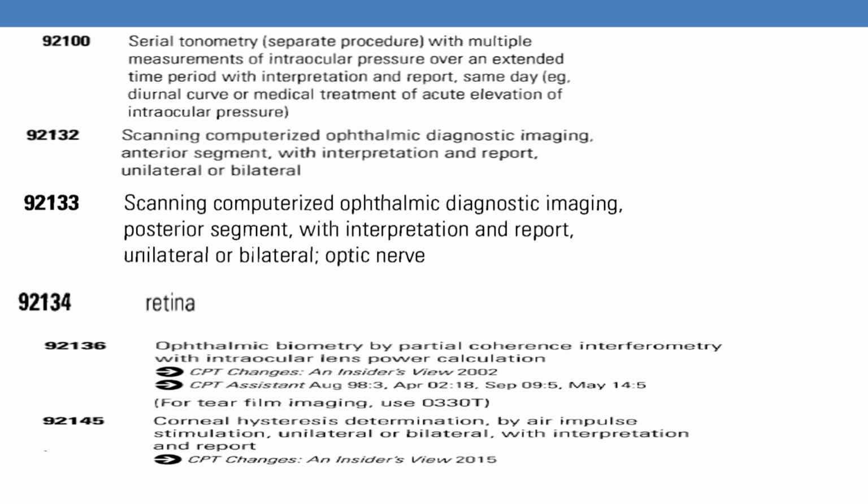The next CPT is 92133 for scanning computerized ophthalmic diagnostic imaging, posterior segment. Previously it was anterior segment, now it is posterior segment, with interpretation and report, unilateral or bilateral. For optic nerve, the CPT is 92133.